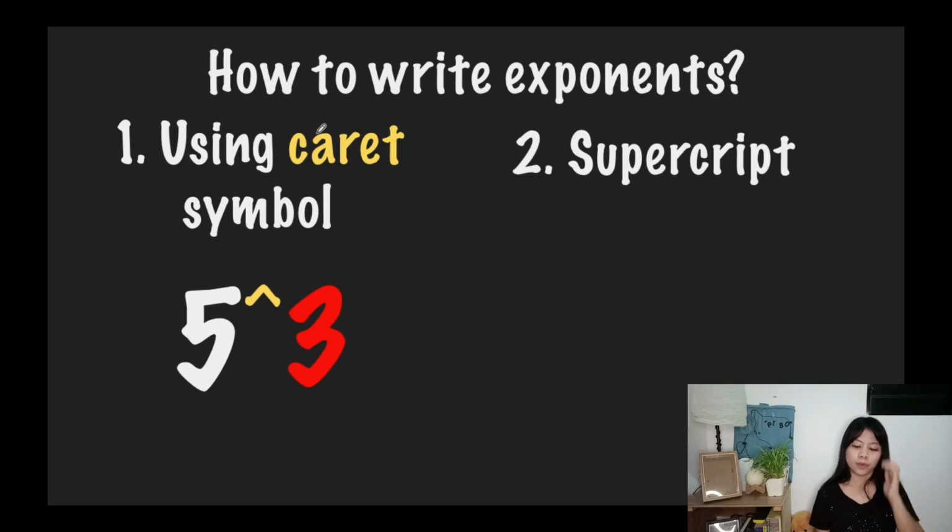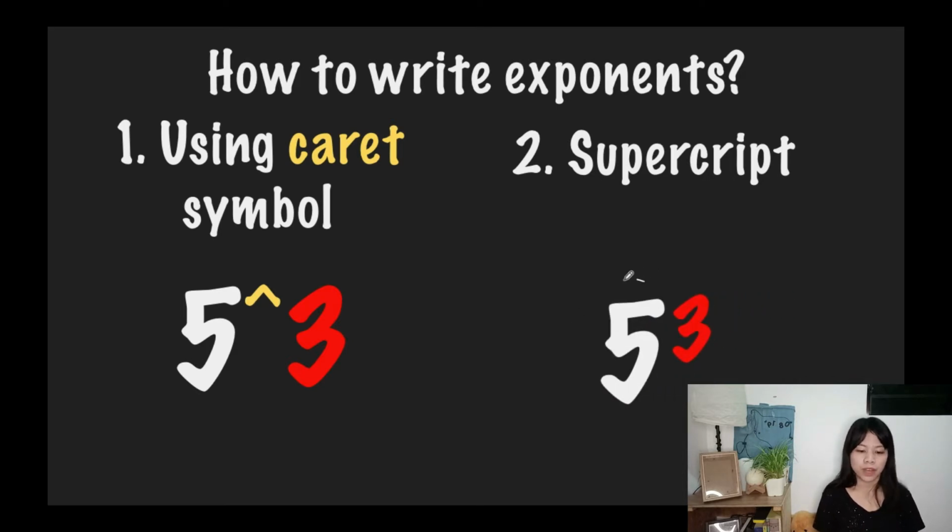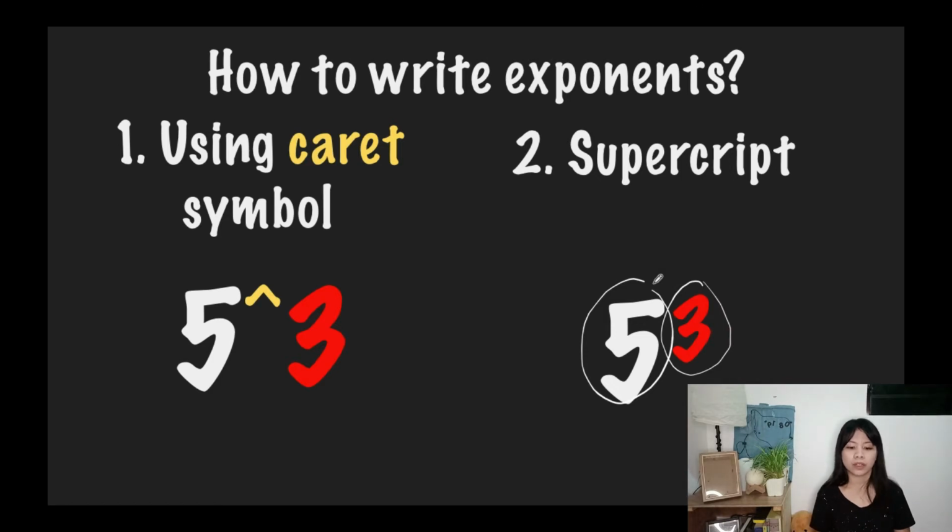Another example, how do we write 5 caret 3? We write it in superscript as 5 raised to 3, may malaking 5, at sa upper right niya may maliit na 3. So, you have to be very careful in writing exponents.